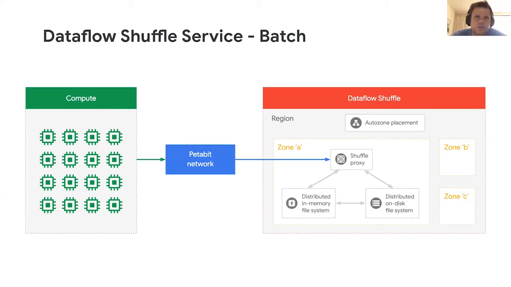This one is about the shuffling service. I briefly mentioned shuffling before. Again, very costly. Also, shuffle needs to keep state between stages, as I mentioned before. Until we introduced the shuffle service for batch and, on the next slide, for streaming, we were keeping that state and the associated processes within the workers that were crunching the data.